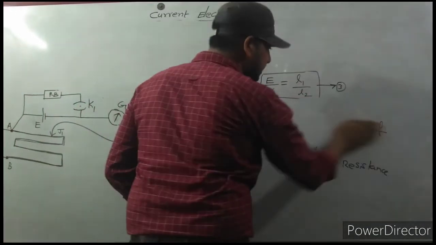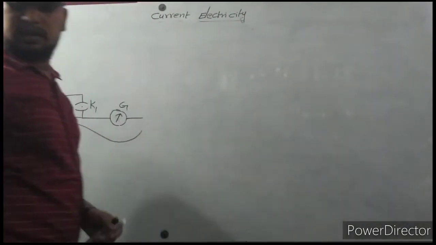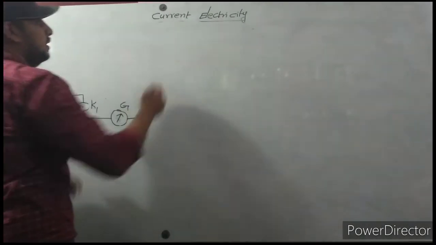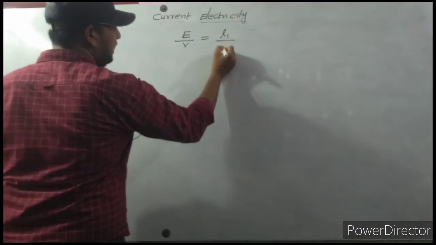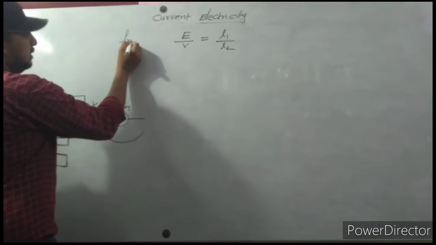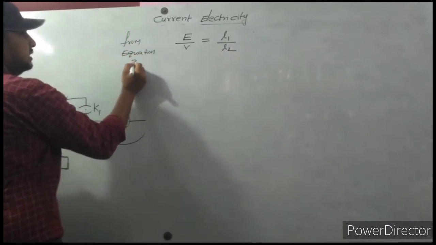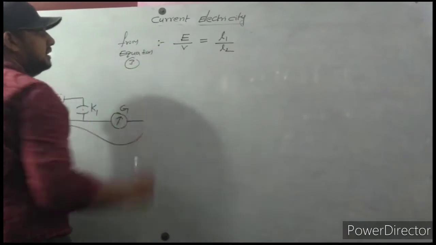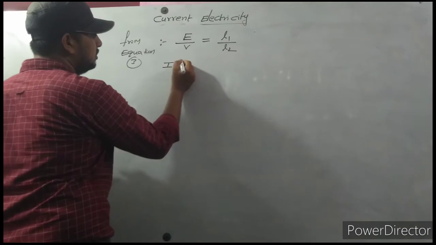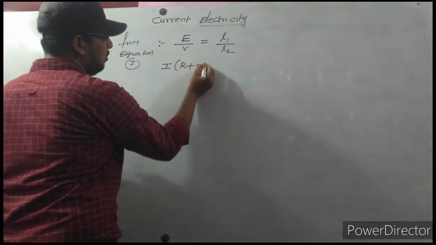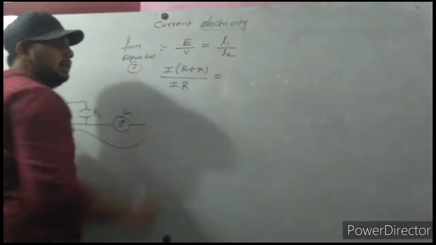So what is equation 3 here? From equation 3, E by V is equal to L1 by L2. Here E is I into (R plus r), and V is I into R. Then I cancels.